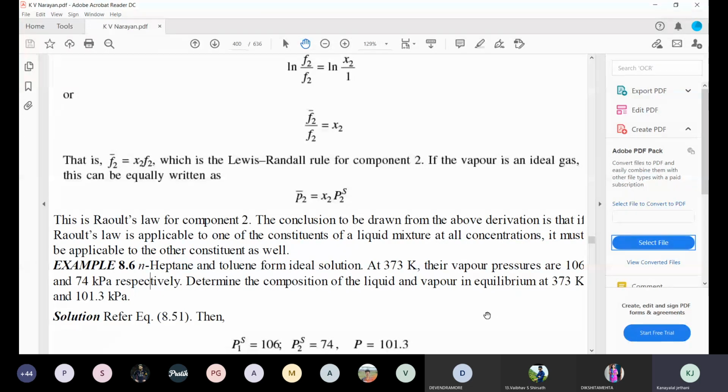It's just one calculation of a PXY diagram or TXY diagram. हो गया?